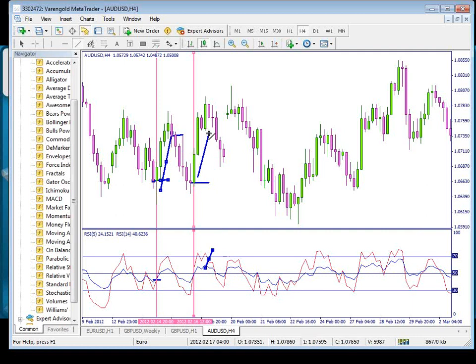This means that we have a buy position, or one long position, until we can see that the RSI 5 is going back to the 50 level or so.